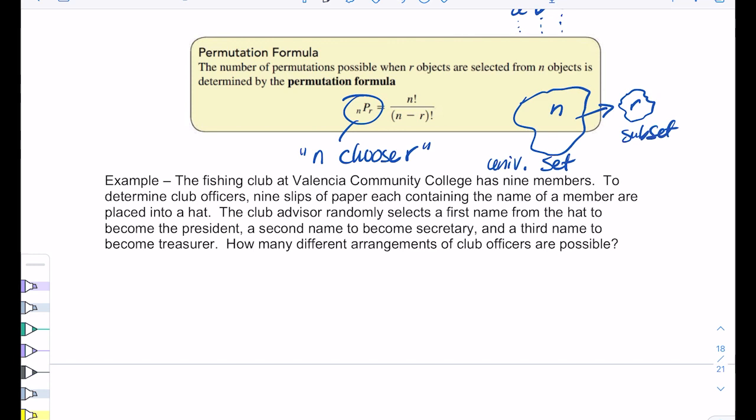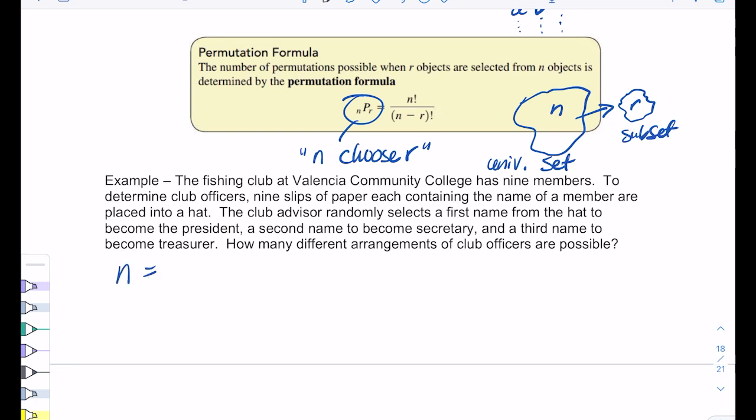So the first thing you want to ask yourself is, does the order matter? And here the answer is yes, because whoever you're picking first is automatically the president, and whoever you're picking second is automatically the secretary, and so on. So the order does matter. I need to figure out what n is and what r is. N in this problem is the number of objects.